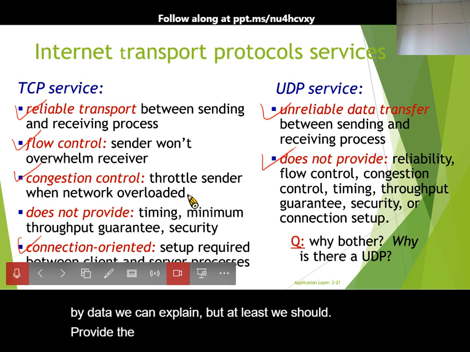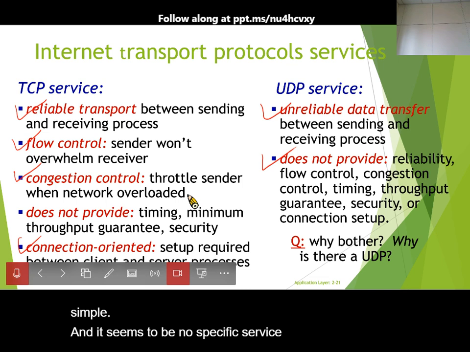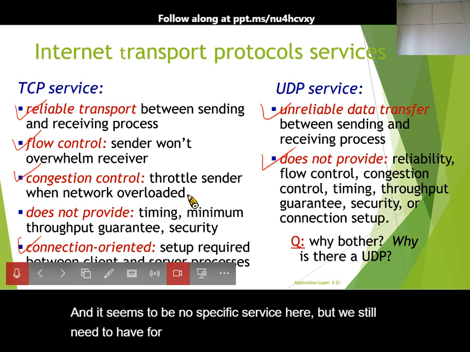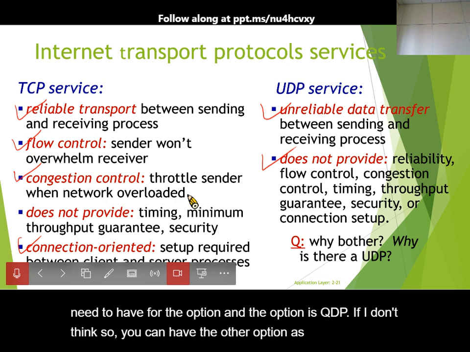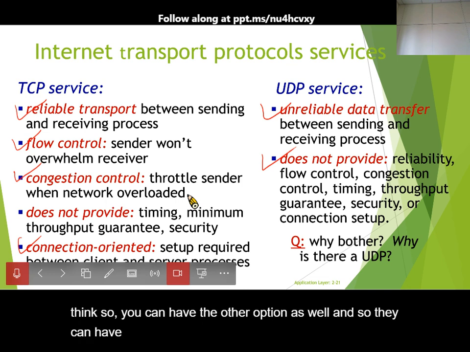Even though it's really simple and seems to have no specific service here, we still need to have the option, and the option is UDP. If you don't think so, you can have other options as well, TCP, UDP, and the others. In fact, yes, we can have others, but we just mentioned the two.